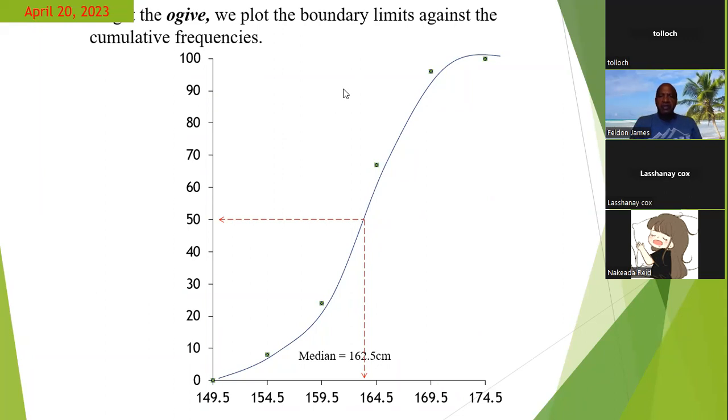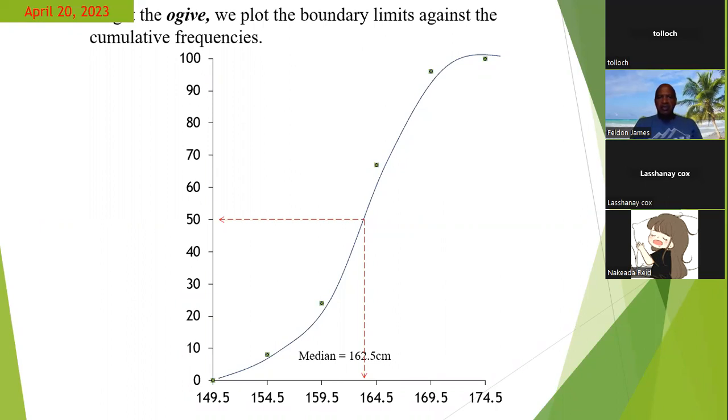Now your boundary values, you easily find by adding the upper limit of one class and the lower limit of the next, and dividing by 2. And make note, there is a shortcut way of doing that.